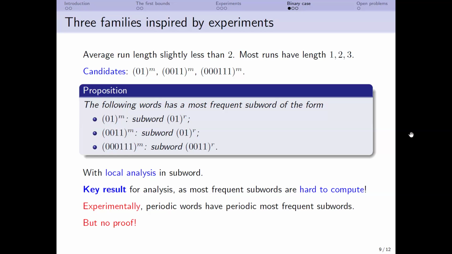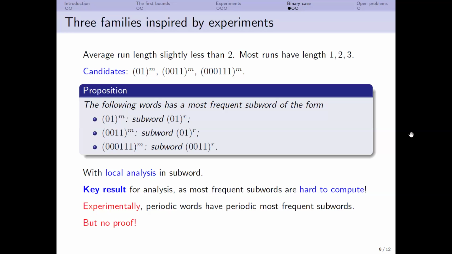However, for these 3 candidates, we have the following results saying that for these words, at least there will be a most frequent subword that is also periodic, and we know its form. We don't know what their other most frequent subwords look like, but at least we have these words on which we can analyze.